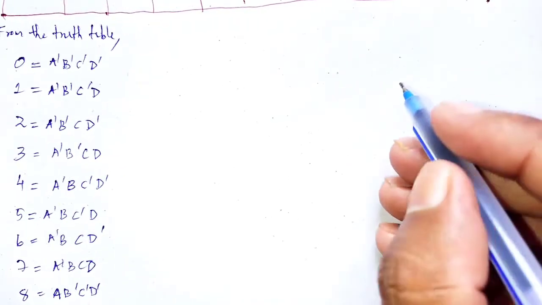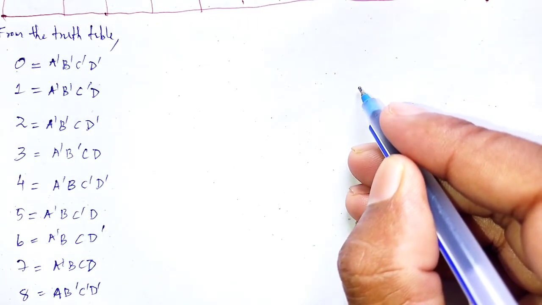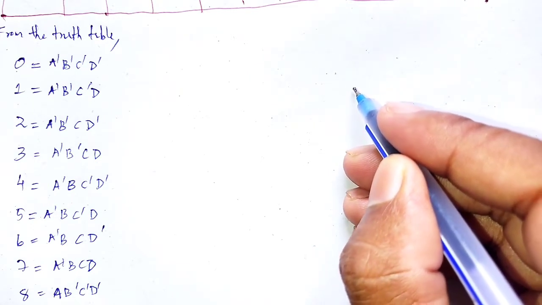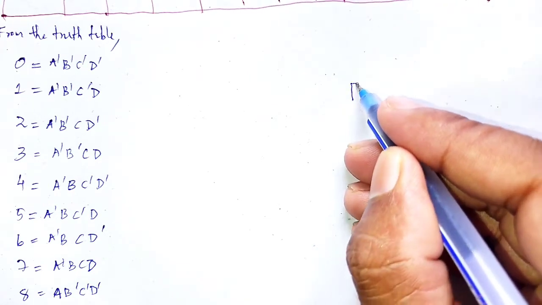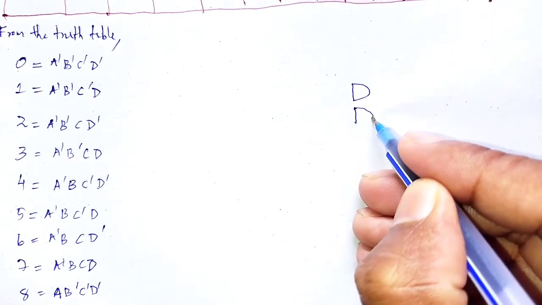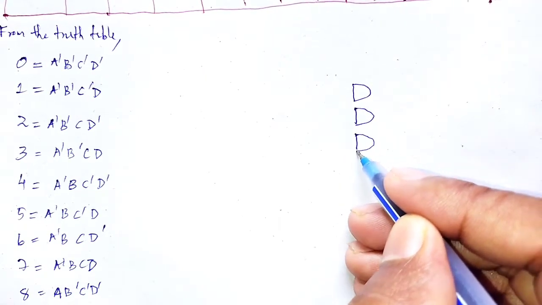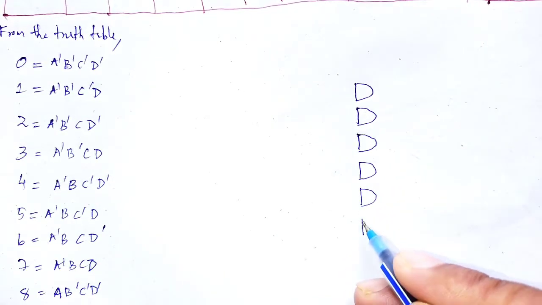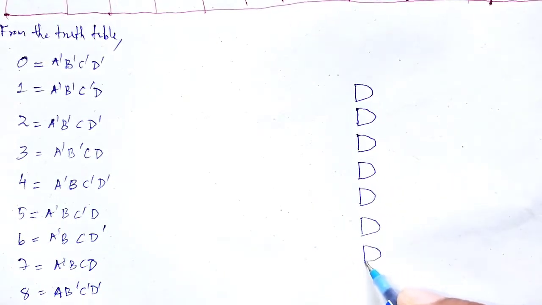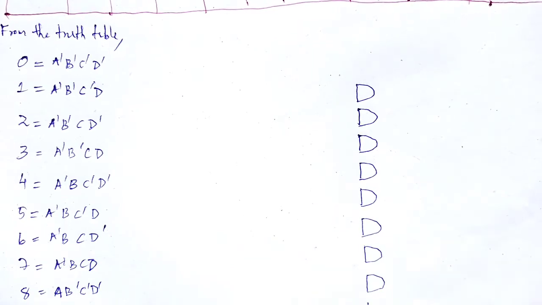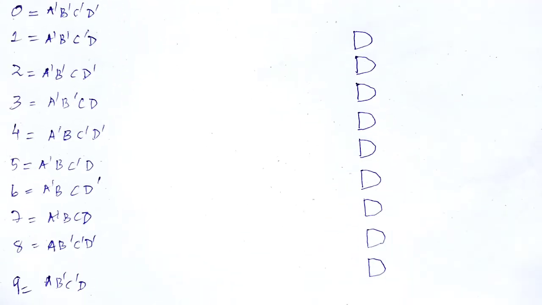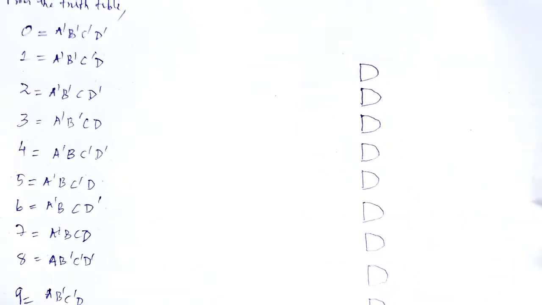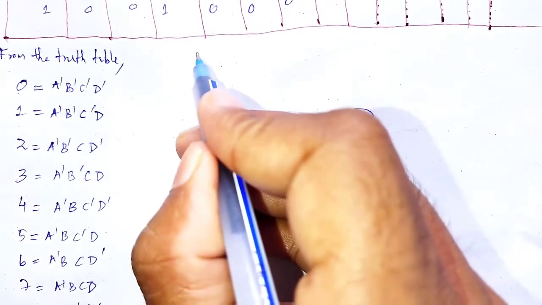So 10 AND gates are used: 1 2 3 4 5 6 7 8 9 10. 4 inputs A B C D.